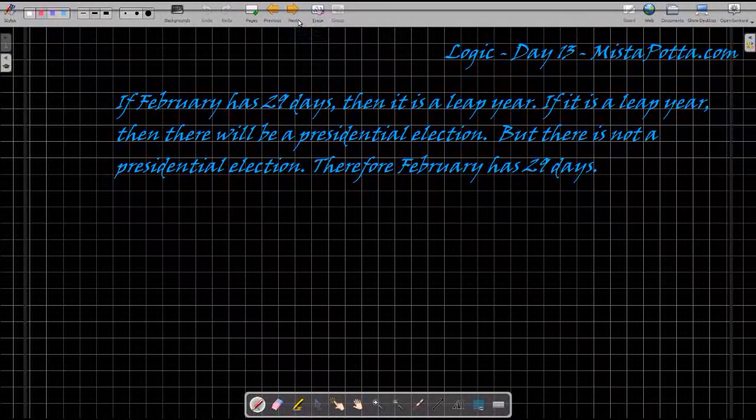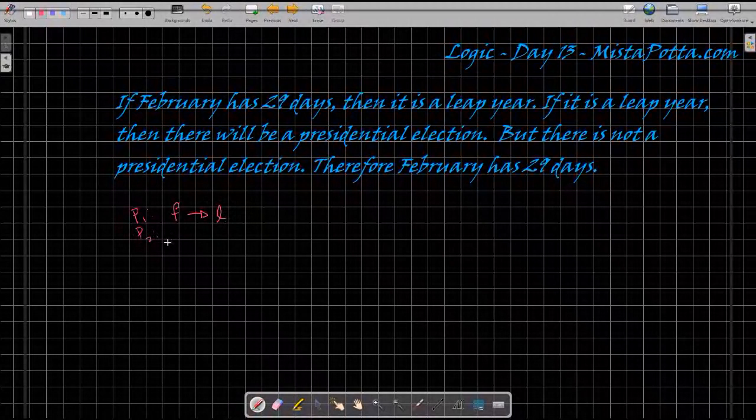And here's one example here. If February has 29 days, then it is a leap year. If it is a leap year, then there will be a presidential election. But there is not a presidential election. Therefore, February has 29 days. So I'm going to list my premises. My first premise says that if February has 29 days, then it's a leap year.